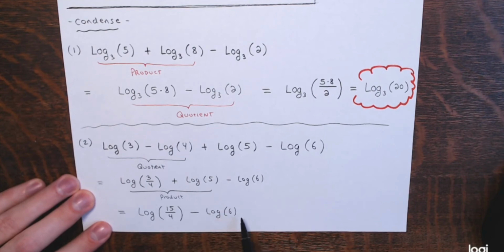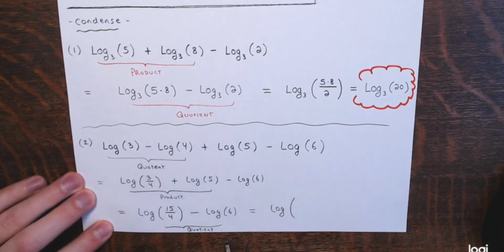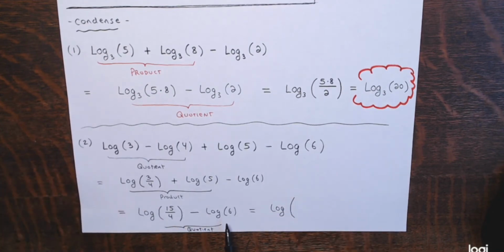And then finally I have a difference of 2 logs, so I'm going to be using that quotient rule again. So this is the log of, now I hope you recall that dividing by something is the same thing as multiplying by the reciprocal.